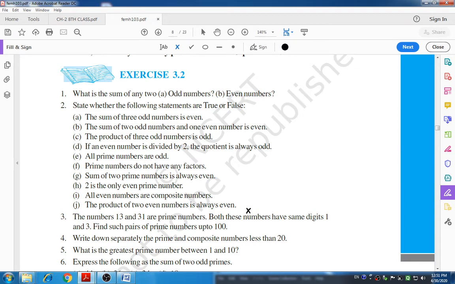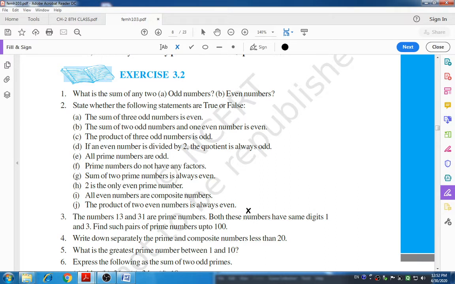But before that, we should recall what odd numbers and even numbers are. The numbers which have 1, 3, 5, 7, 9 at the unit place are called odd numbers. And the even numbers have 0, 2, 4, 6, 8 at the unit place. These numbers are known as even numbers.